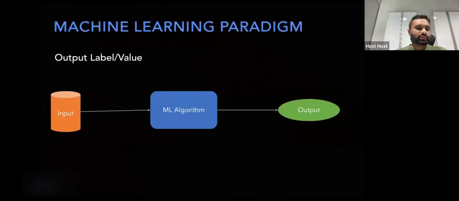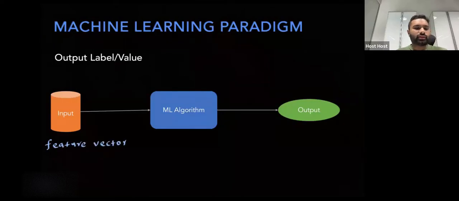So let's in general see what is a paradigm of the machine learning algorithm and what is its main function. So given certain input, machine learning algorithm should give certain output. It's very simple. So machine learning input will be usually given in terms of feature vector. Hopefully you are okay with this terminology.